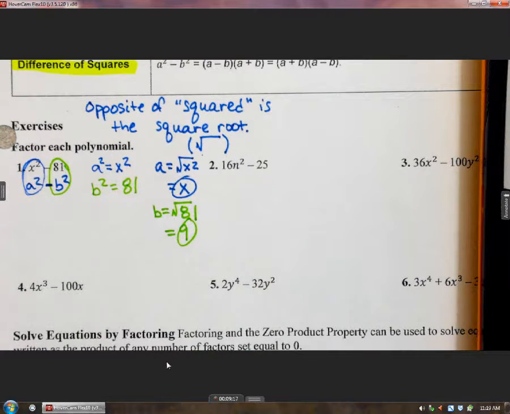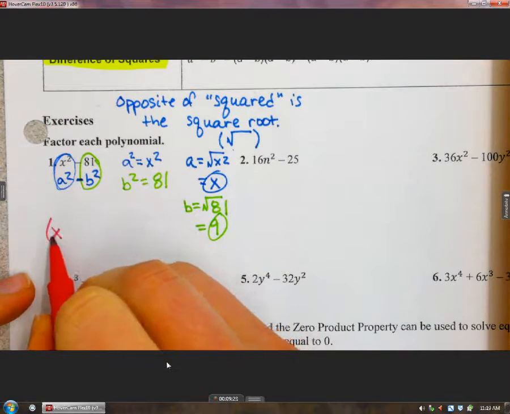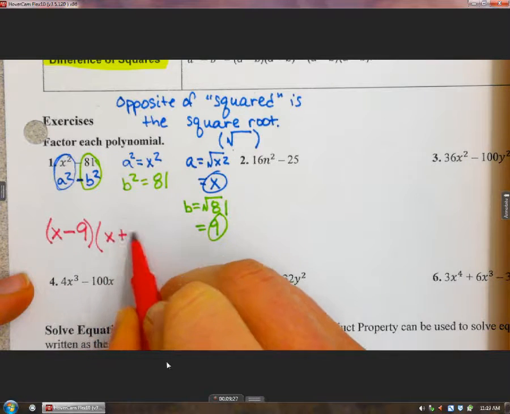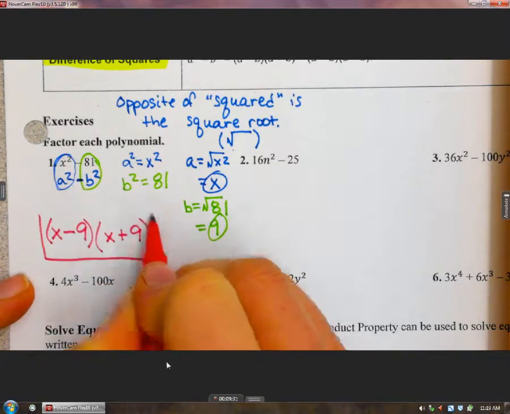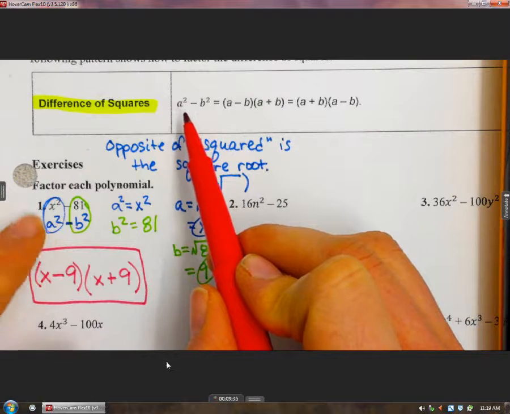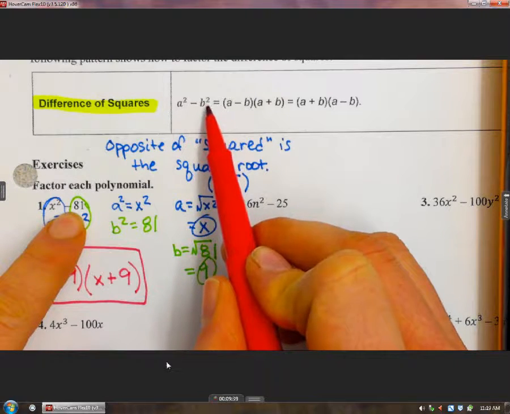To factor this completely, I'll write my final answer here in red. I'm going to have x minus 9 times x plus 9. That is based on what we did right back up here. I started with a squared minus b squared.